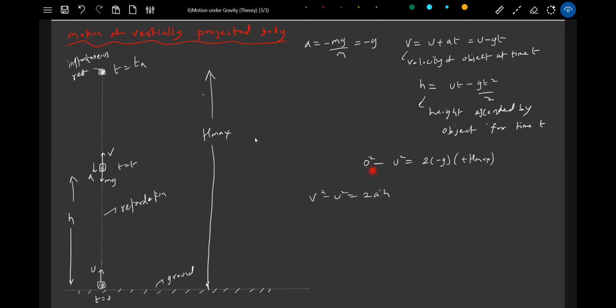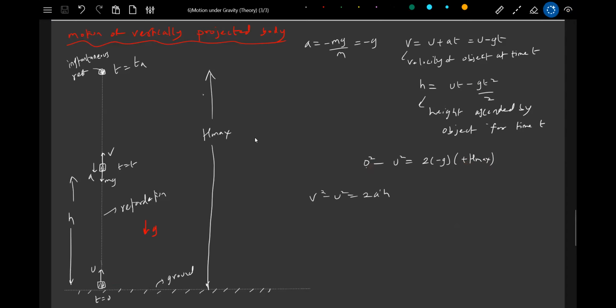If the quantities are directed opposite to the initial velocity, they should be taken negative. The acceleration due to gravity will be directed vertically down, so why negative sign? Because it is opposite to the initial velocity. Final velocity is 0, no doubt. The height ascended is measured in the direction of displacement, so it is positive.